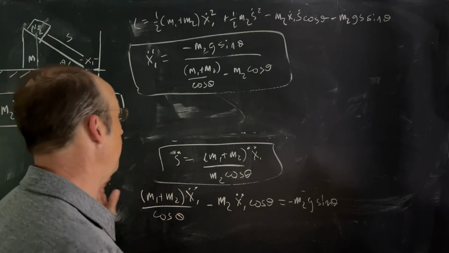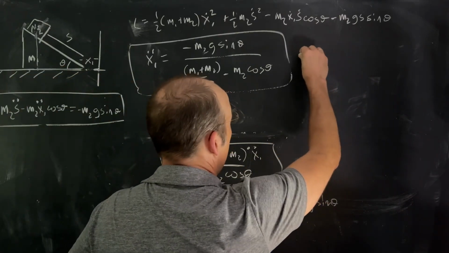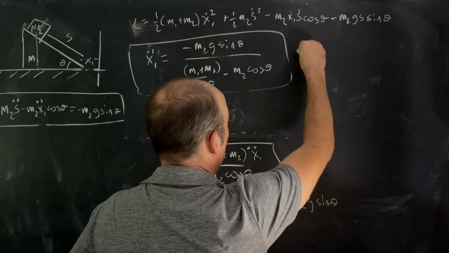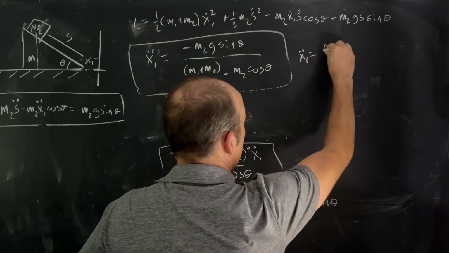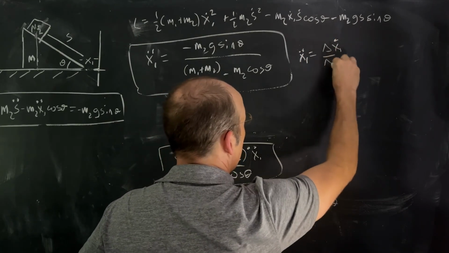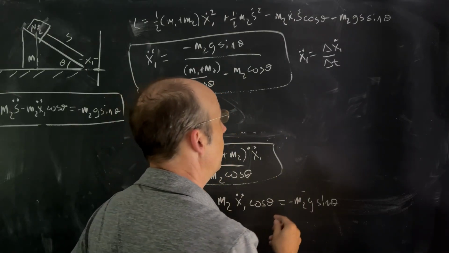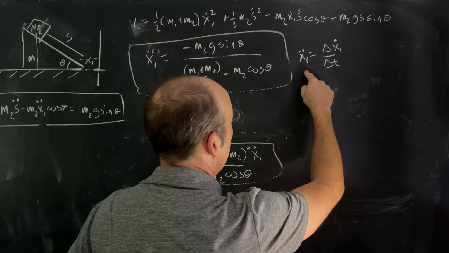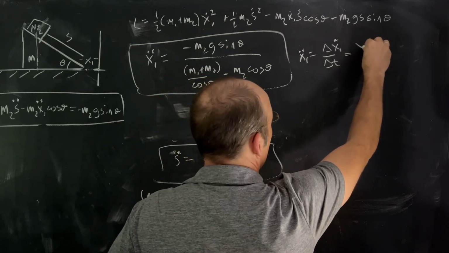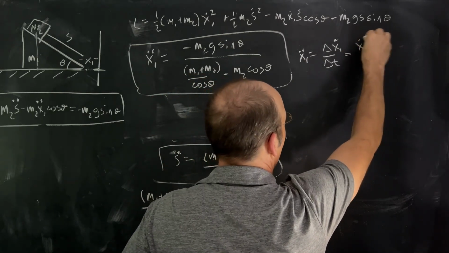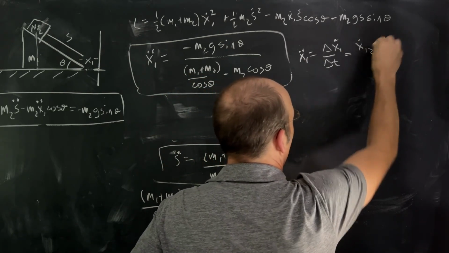And so we're going to do the same thing we've done before. If I pick my initial conditions, I can say x1 double dot is delta x1 dot over delta t. And here I have a problem. I'm using these subscripts for more than one thing. And then I can say that's going to be x1 2 dot minus x1 1 dot over delta t.